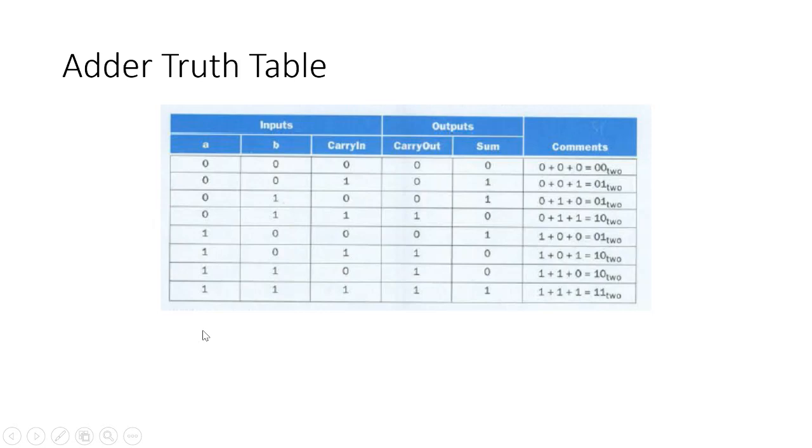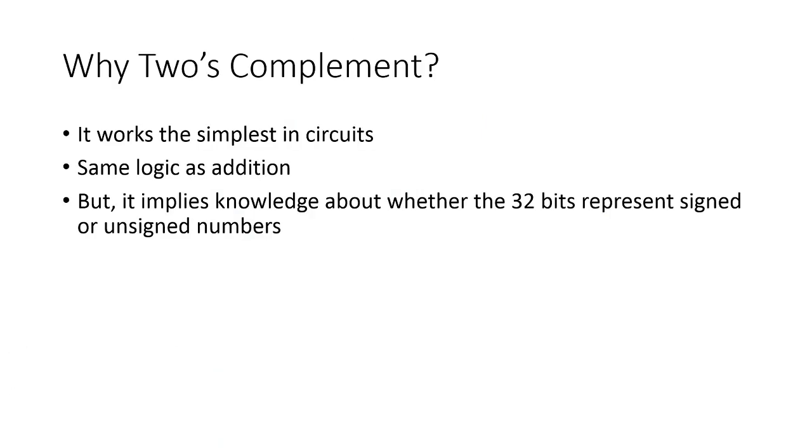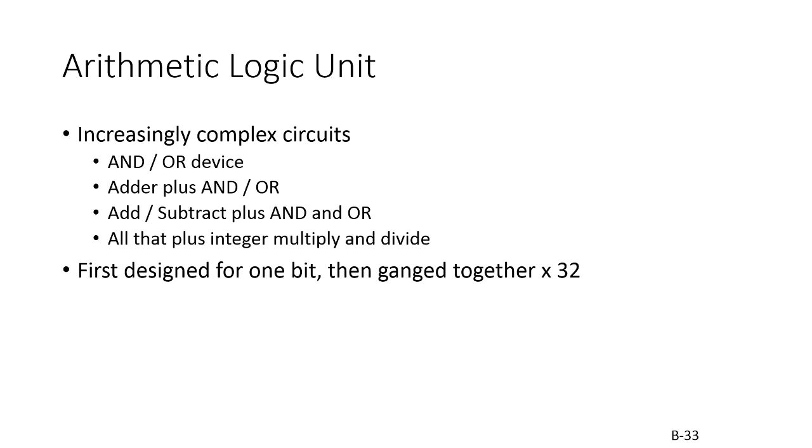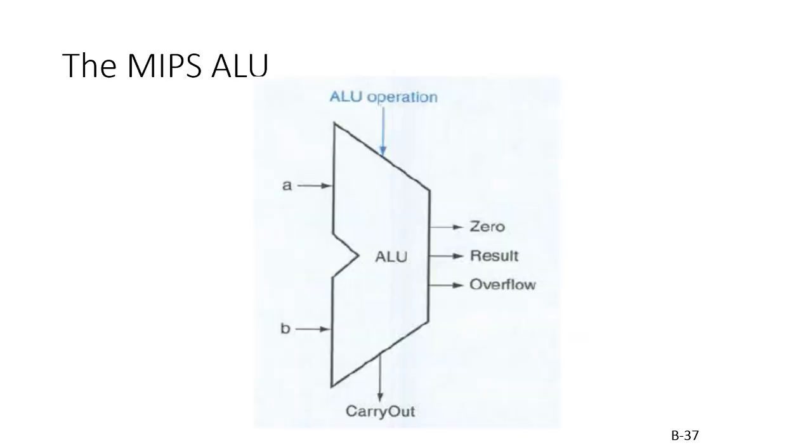Talked about this last time, talked about a 1-bit adder truth table last time, talked about negative numbers last time. We talked about stacking 1-bit adders last time to create a 32-bit adder. And we talked about why we do 2's complement. What we didn't talk about in full detail is the 32-bit ALU.